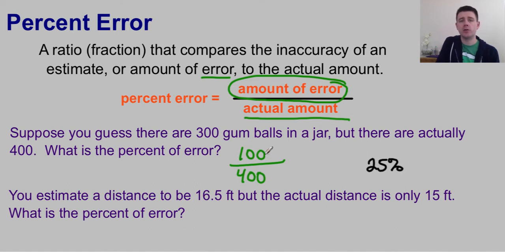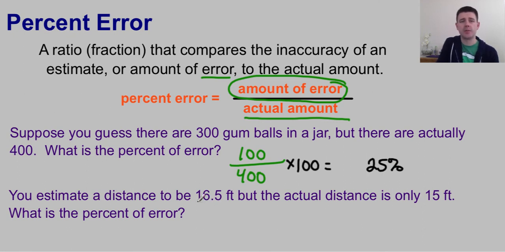So when you set up the problem, you can do all of that at the same time. 100 divided by 400, but then the last step I throw in is to multiply times 100. That just has my calculator convert my decimal back into a percent, and that gives me 25% as my answer. So if you throw in that times 100 at the end of your calculation, you don't have to convert it later on.